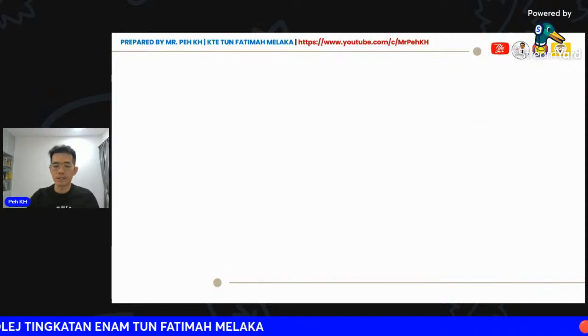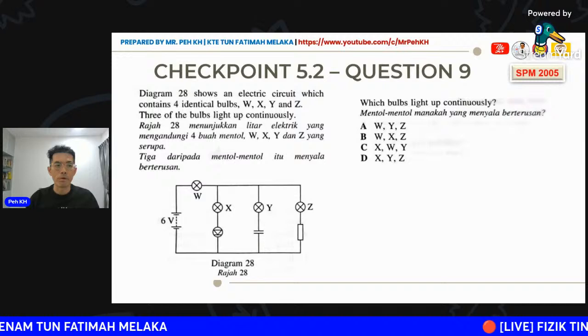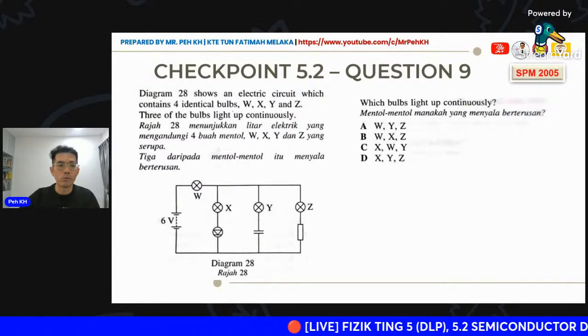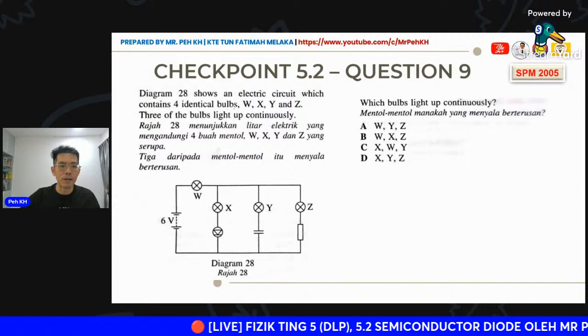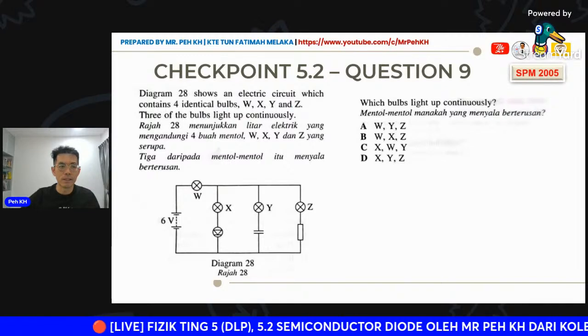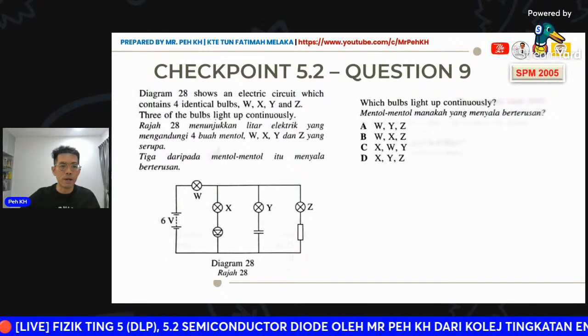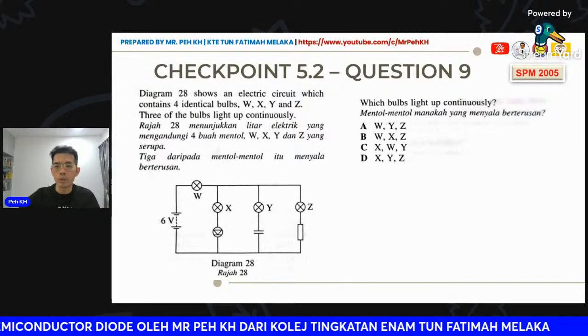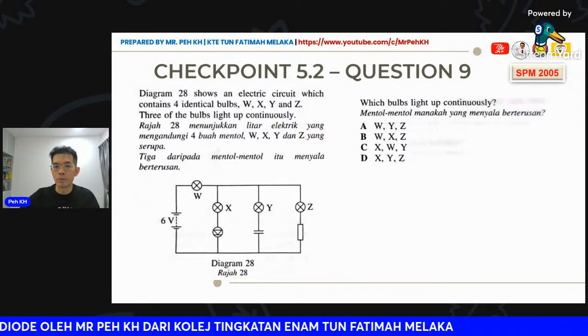Okay, then the next question, number 9. Diagram 28 shows an electric circuit which contains 4 identical bulbs, W, X, Y, and Z. 3 of the bulbs light up continuously. Which bulbs light up continuously?